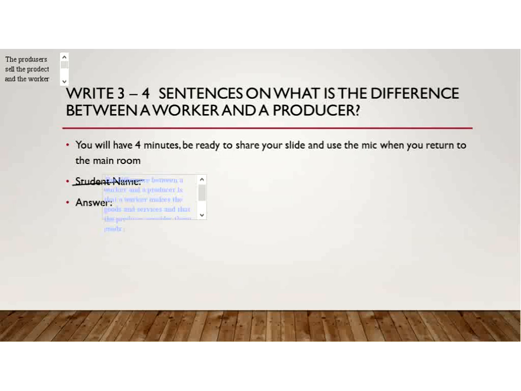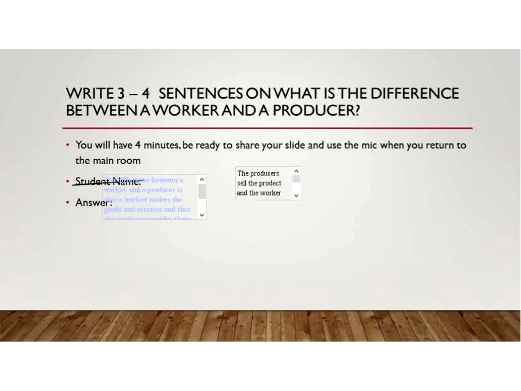So, the producers sell the products and the workers make the product. The difference between a worker and a producer is that the worker makes the goods and services and that the producer provides those goods and services to consumers. Excellent. Now, thank you, Sienna.